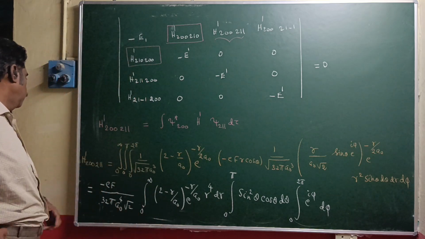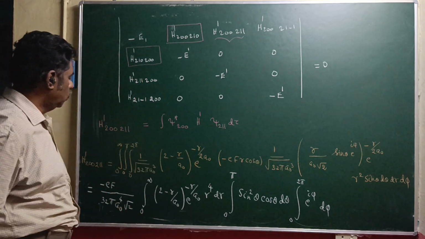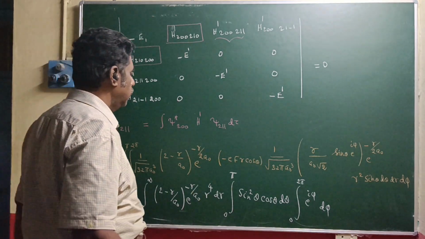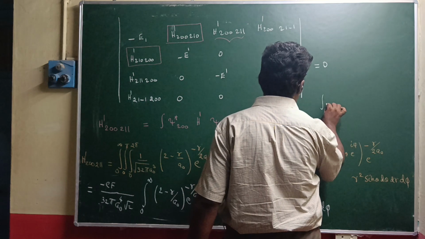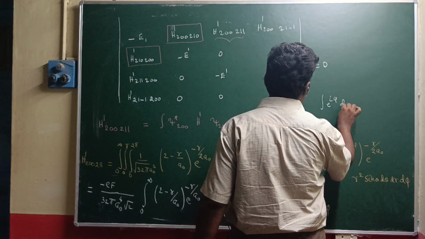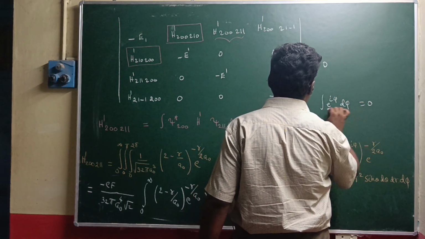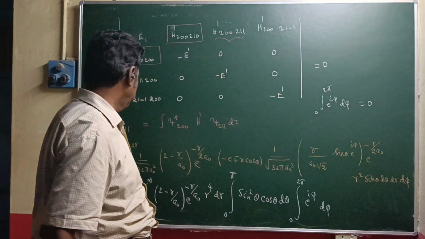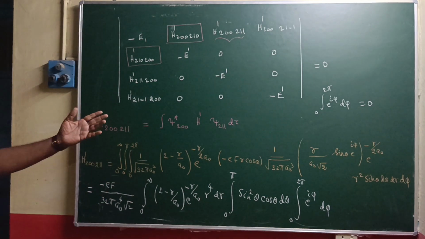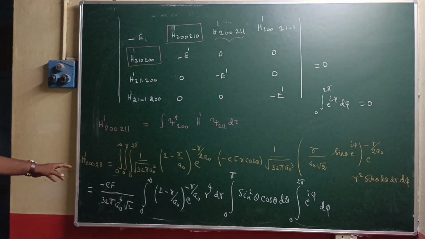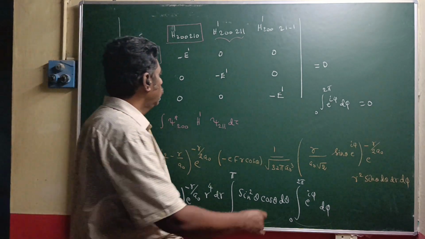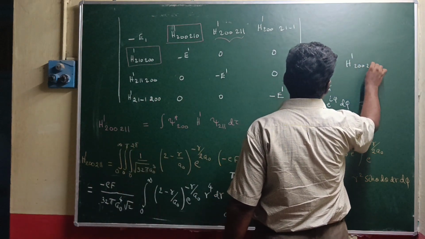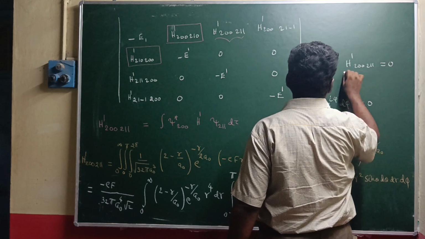So this is the value of H1 200 211. But we know that the value of e power i phi d phi, limit varying from 0 to 2 pi, equal to 0. Therefore, the term H1 200 211 value equal to 0.